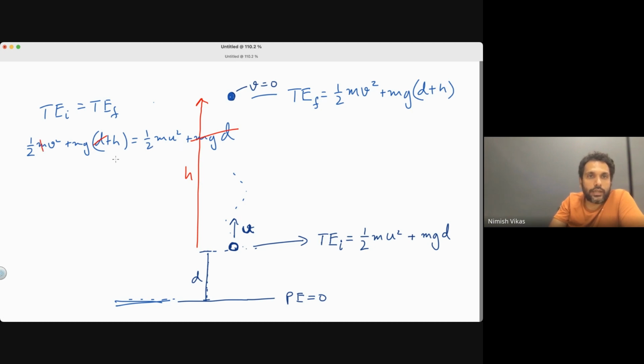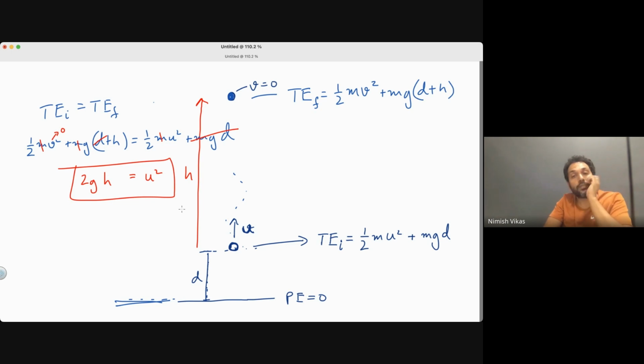So if you take away the m's, it is literally the same equation, right? And your v is equal to 0. So what do you get? You get 2gh is equal to u square, right? So initial energy is equal to final energy. That is what you have been doing in the work energy chapter, right?